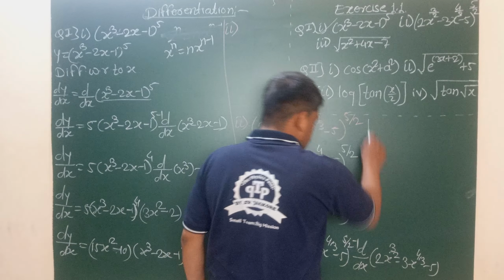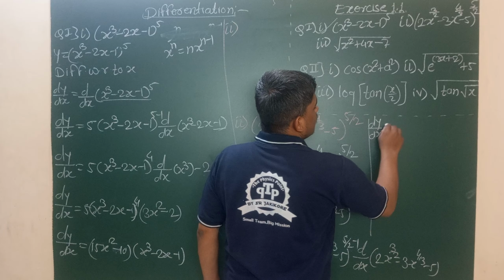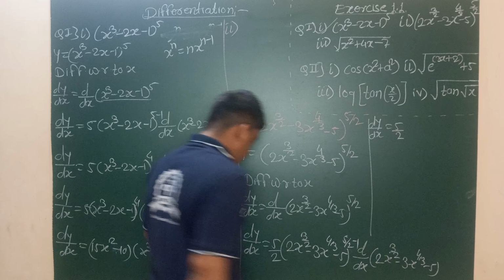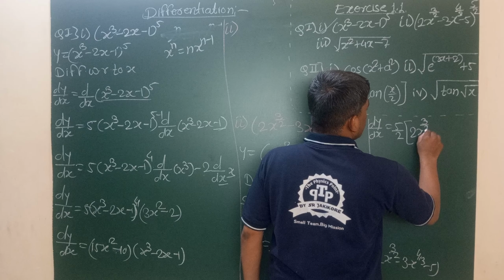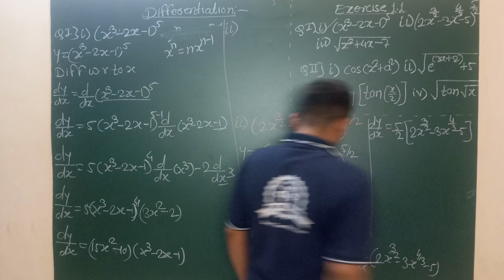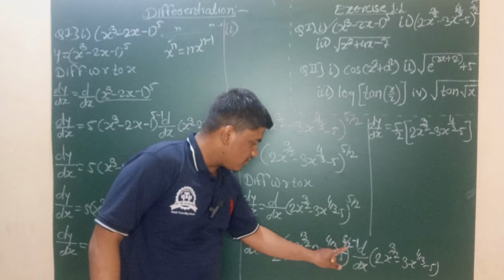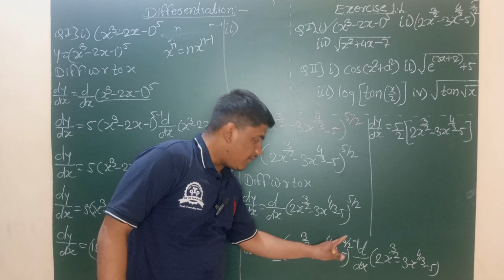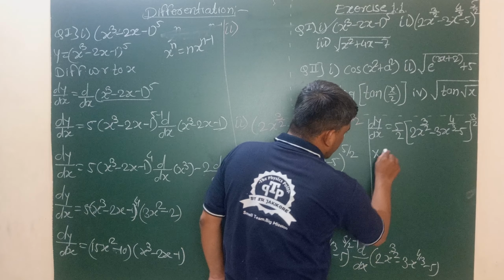Then dy by dx is equal to 5 by 2 into (2x raised to 3 by 2 minus 3x raised to 4 by 3 minus 5) whole bracket raised to 5 by 2 minus 1, which is 5 minus 2 upon 2, that is 3 by 2. For the separate differentiation of these functions, 2 is taken common.